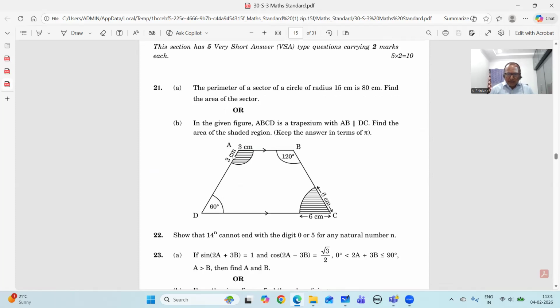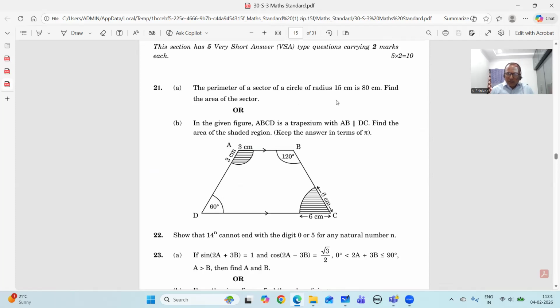Here radius is given to be 15 centimeters, and if the sector angle is theta, and the curved arc length of the sector is small l, then the perimeter becomes r plus r plus small l. And small l is r into theta, the length of the arc.